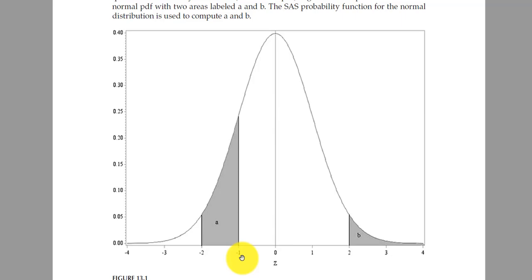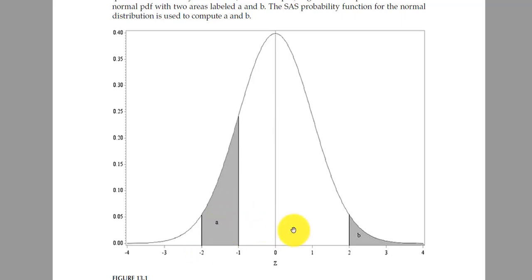So what probnorm does is, for the value -1, it computes all of this area, and for probnorm(-2), it computes this area outside here. So if we compute the probability less than or equal to -1 and subtract from it the probability of z being less than or equal to -2, that will give us A.